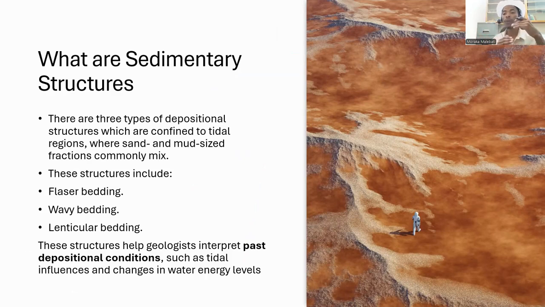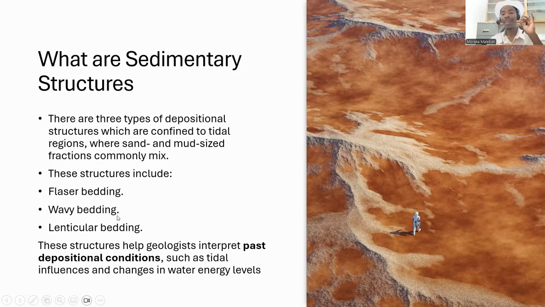When the tide rises, water brings in fine sediments, and when the water drains away, it leaves behind layers of sediments. Over time the layers build up, muddy and sandy. This mixing of sand and mud-sized fractions causes these three sedimentary structures known as the Flaser, the Wavy, and the Lenticular.